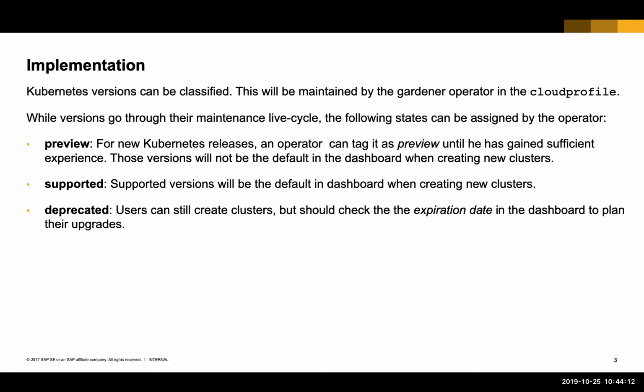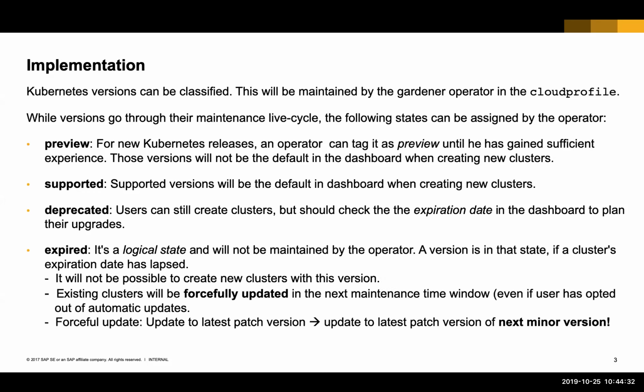So it's up to the operator and their own policies, but the expiration date is planned to be displayed in the dashboard, so that the end user really sees how long he has time, since this cluster version runs from deprecated to the last state, which is expired.